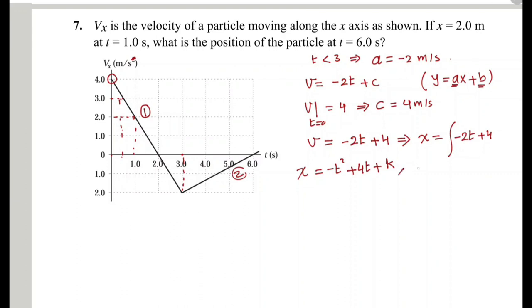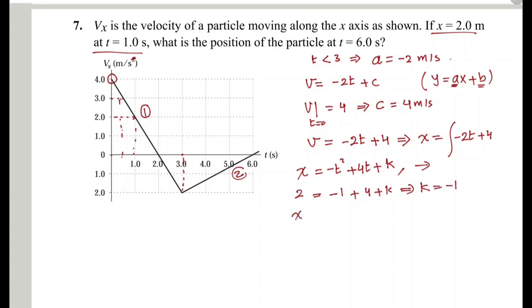Now to find k, let's use the condition here. If x equal to 2 at t equal to 1, you substitute x equal to 2 and t equal to 1, you will find that 2 equal to minus 1 plus 4 plus k, or in other words, k equal to minus 1.